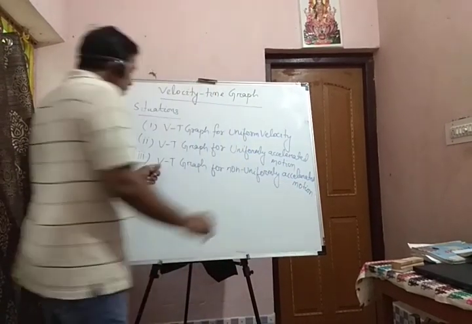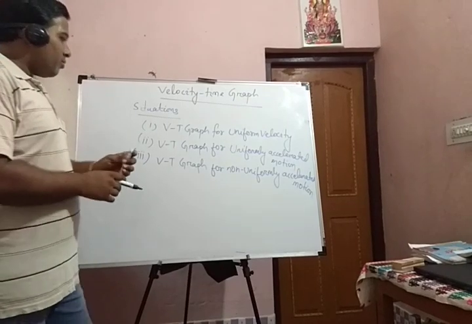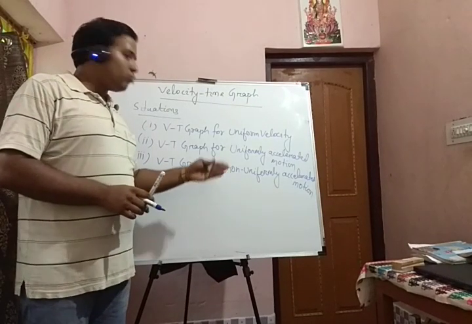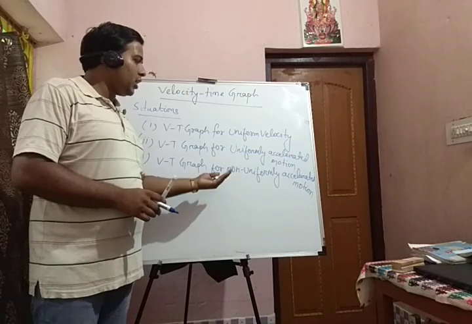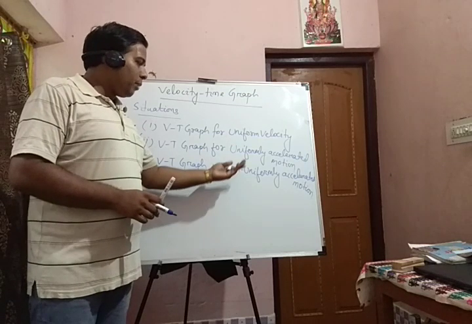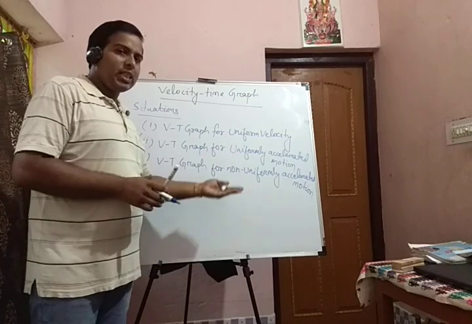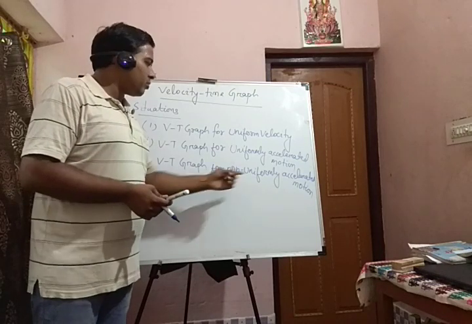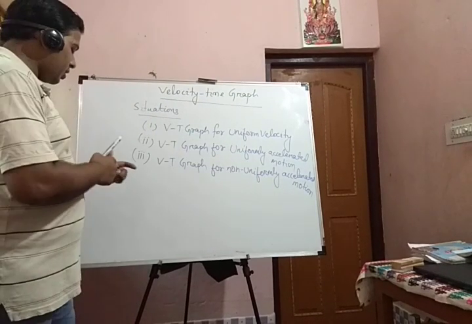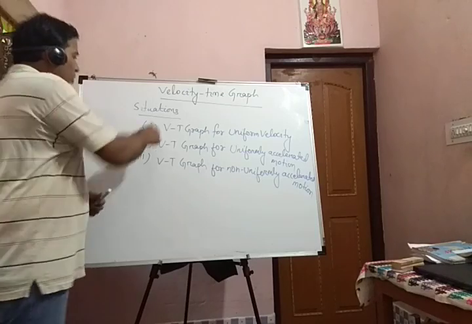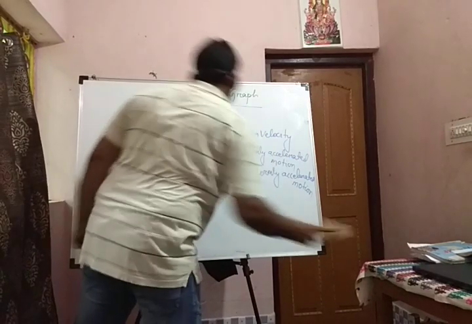That means the velocity time graph for a moving body which is moving with a velocity which is increasing or decreasing non-uniformly, and it is called non-uniformly accelerated motion. So one by one we will discuss all these three situations.